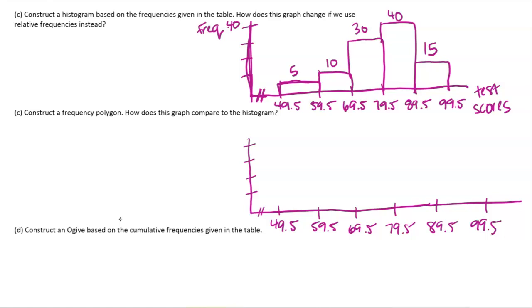And on that end point, the upper bound endpoint piece, that's where your 5 would then go. Okay, and so we're going to do that. 10 right there, 30 right there, 40 right there, and then 15.